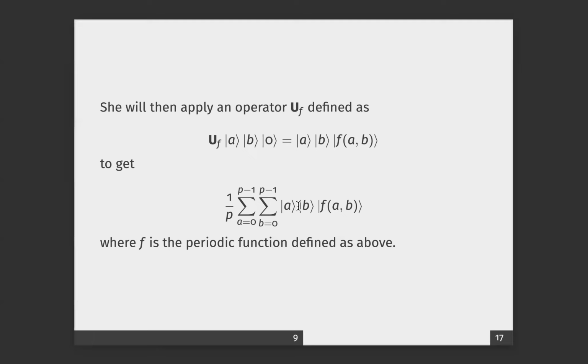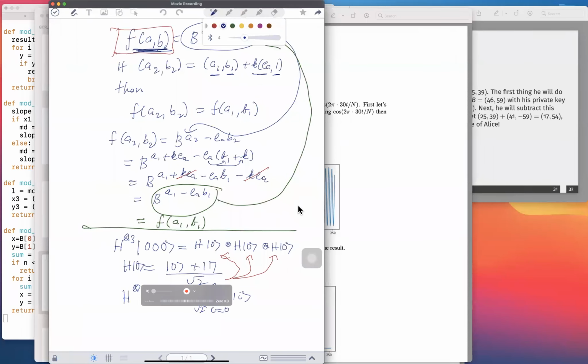Since this is a periodic function, there are values A and B such that the value of f(A, B) are the same. Okay. So how do I explain that? For example, I'll just give you an example of what I mean by that.